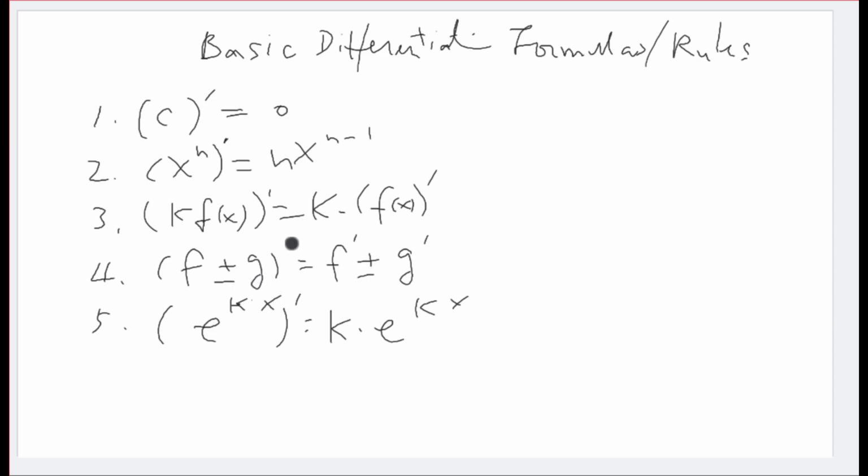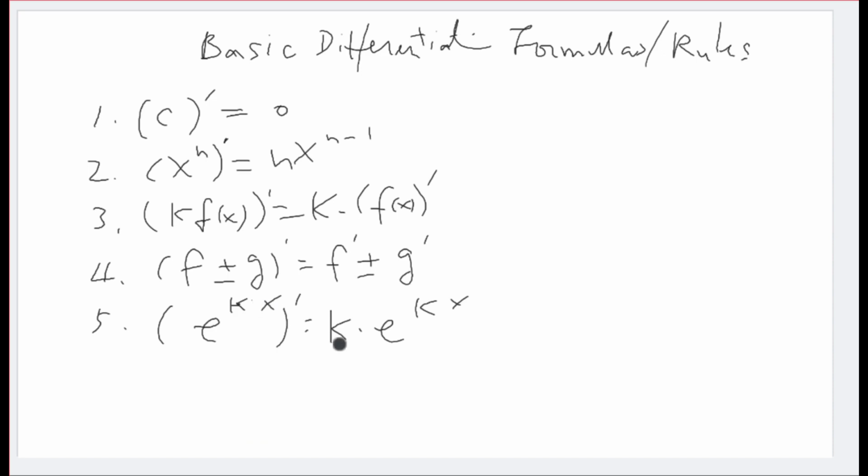The next result considers the derivative of a sum or difference of two functions. The rule says you pretty much just differentiate respectively. You can put the differentiation through. All right. The last result we have here is about the derivative of an exponential function, e to some number times x.